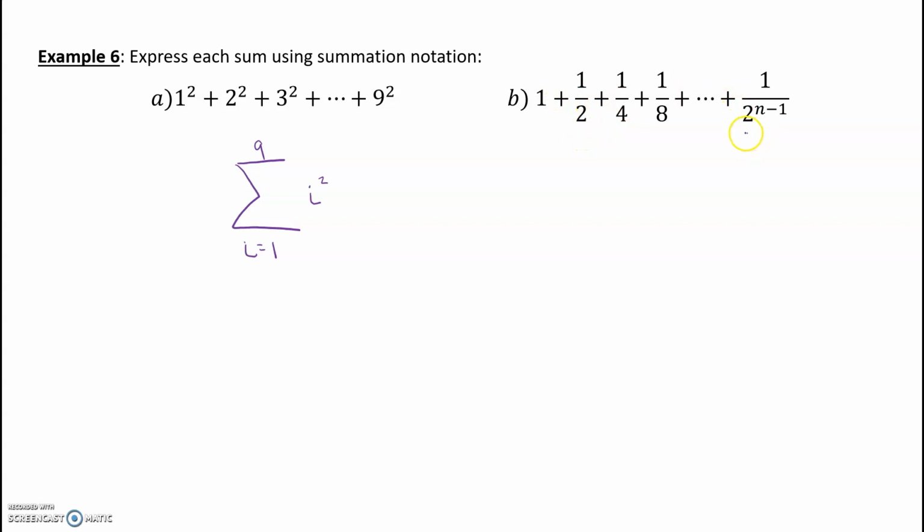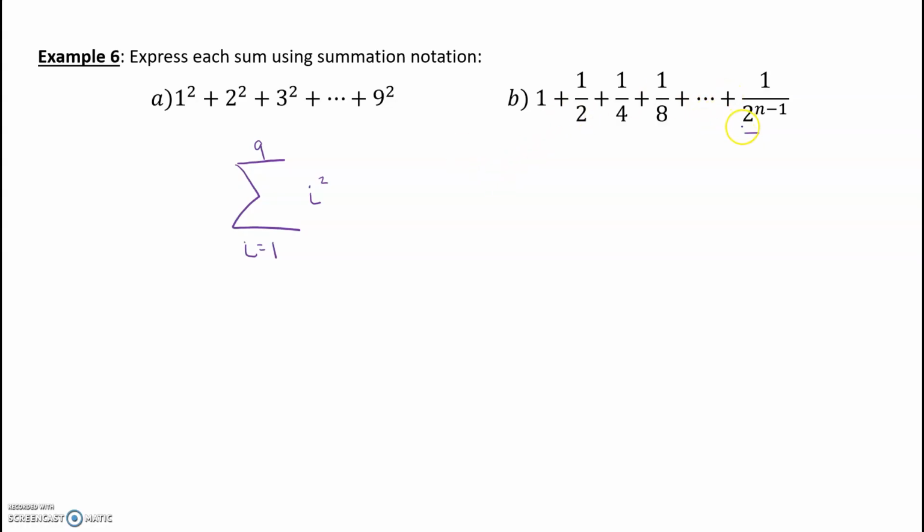Here, you don't necessarily see the pattern right away. But if you look towards the end, this will kind of tell you the pattern you're looking at. So we're going to use i again. We're going to say 1 over 2 to the i minus 1. And then what do we want i to be?